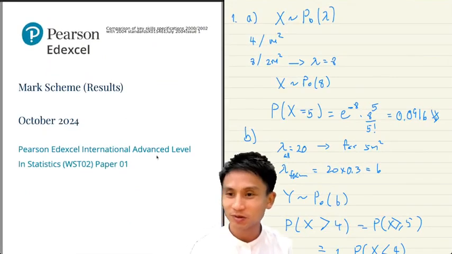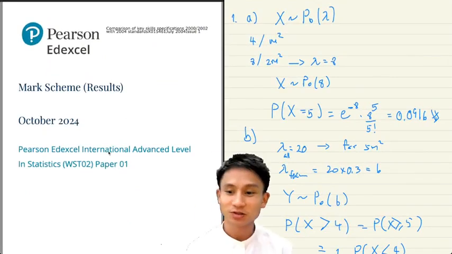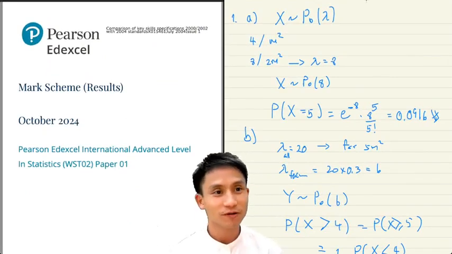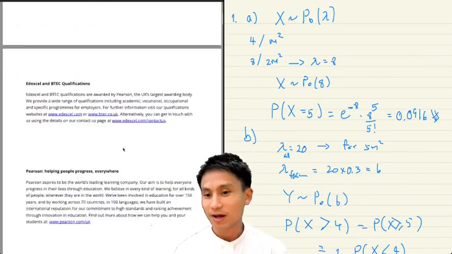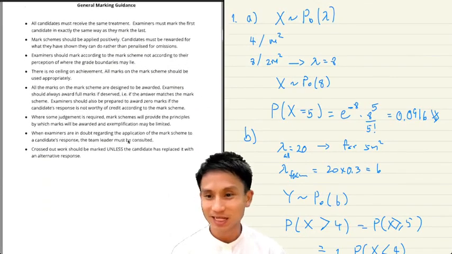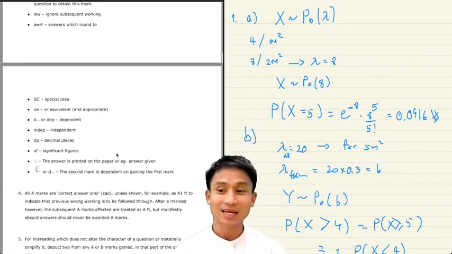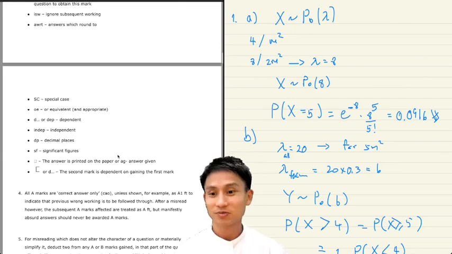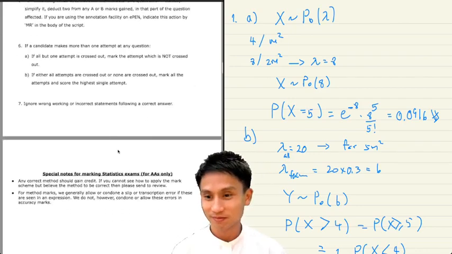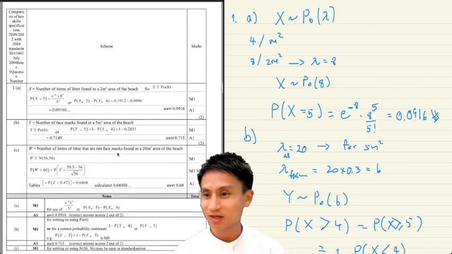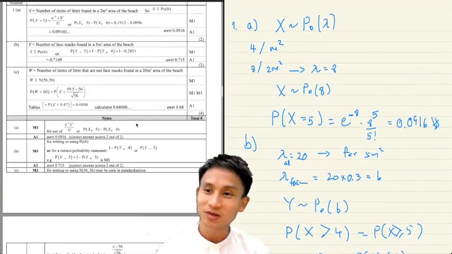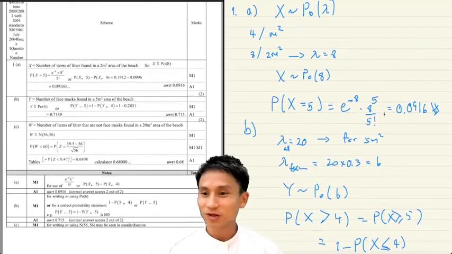So this is the mark scheme for the S2 paper, October 2024. All right. I'm a bit excited because I did very badly, I think. At least I lost 5 marks because I didn't finish the last one. Maybe I was talking too much, so I didn't have enough time to finish the whole thing. Let's see. Okay, so the first one, yeah.